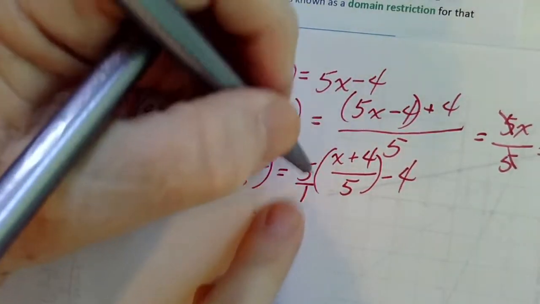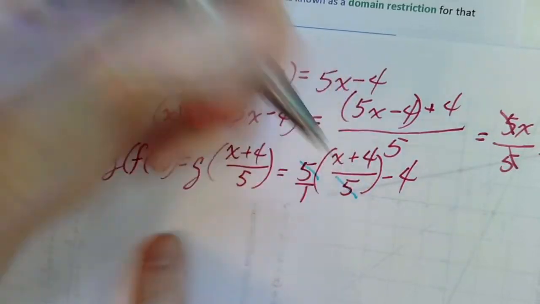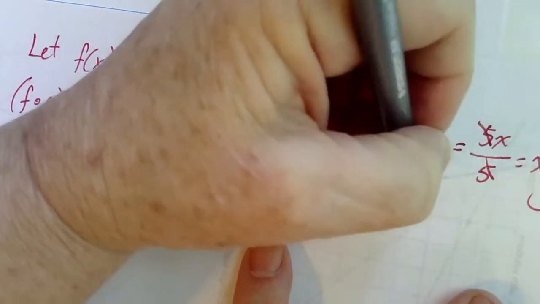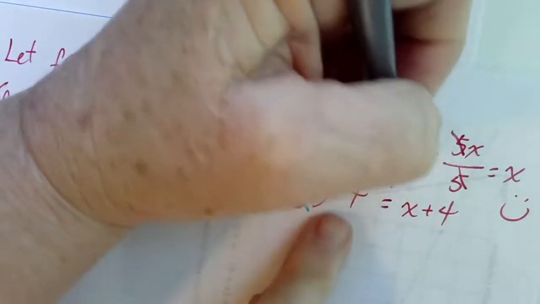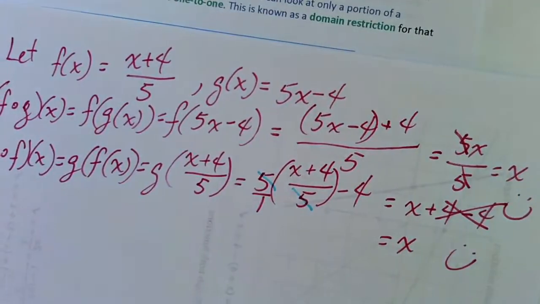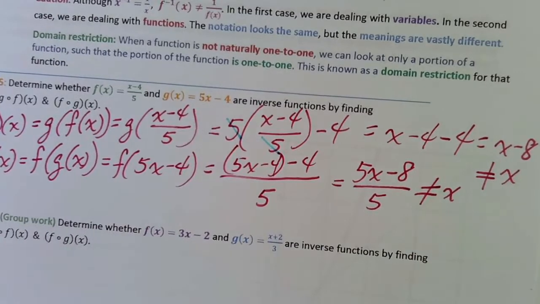Notice that I've got a 5 over 1 in the numerator and a 5 in the denominator, so they cancel, they undo each other. Now I've got x plus 4 minus 4, they undo each other, and we're left with x. So these functions, as they were given, were almost inverse functions.